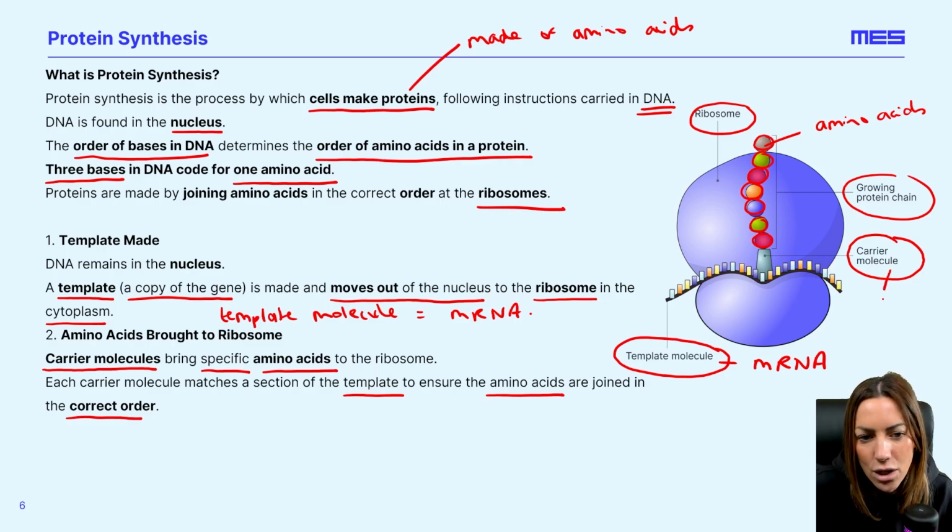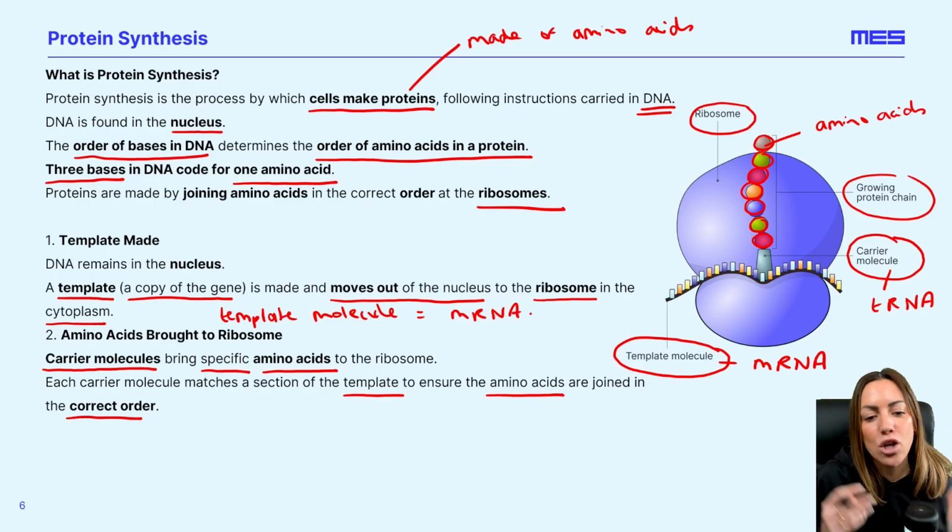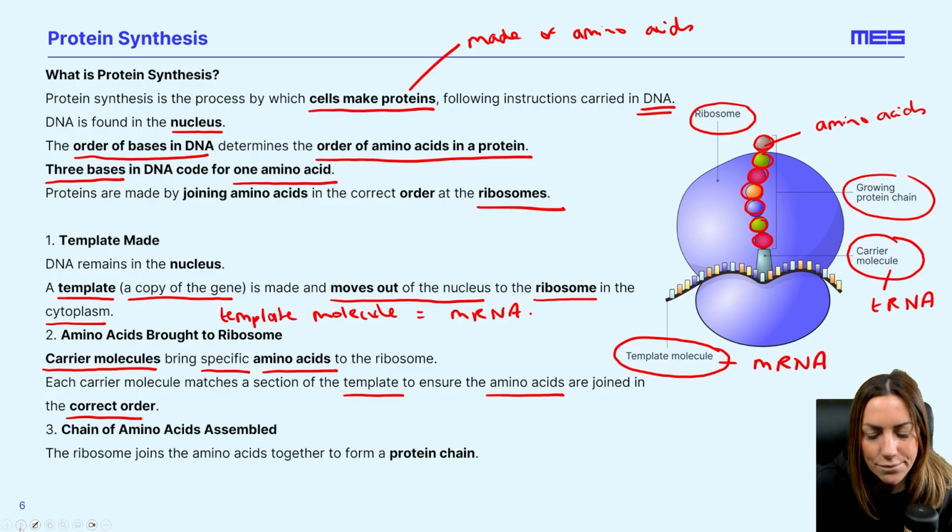Now, the carrier molecule is known as tRNA or transfer RNA. But again, you can just call it a carrier molecule. You don't have to learn tRNA because it says carrier molecule on your spec, right? But we do need to know that the template molecule carries the genetic code to the ribosome, and the carrier molecules bring the specific amino acids to the ribosome, and the amino acids get joined in the correct order.